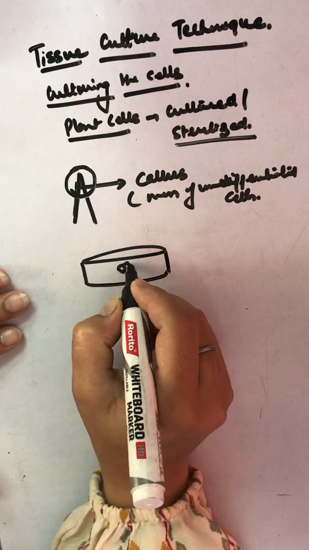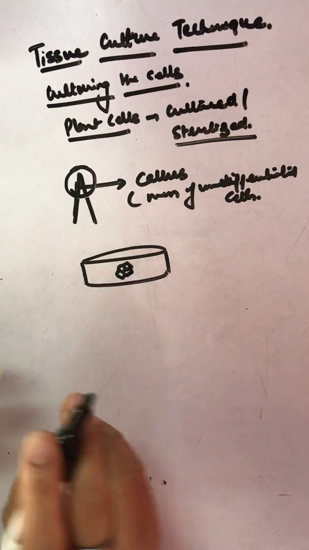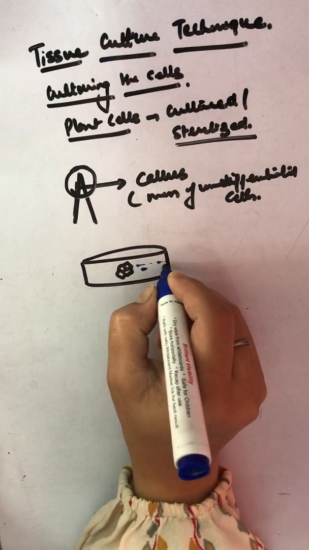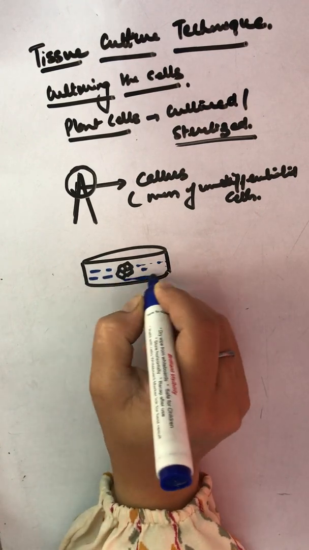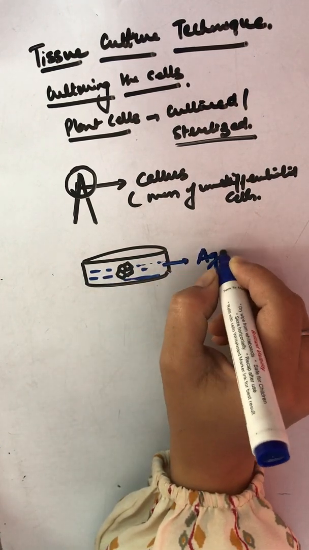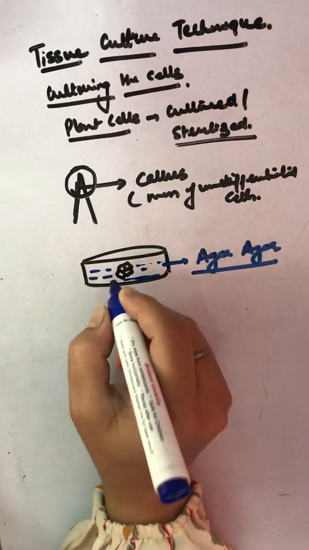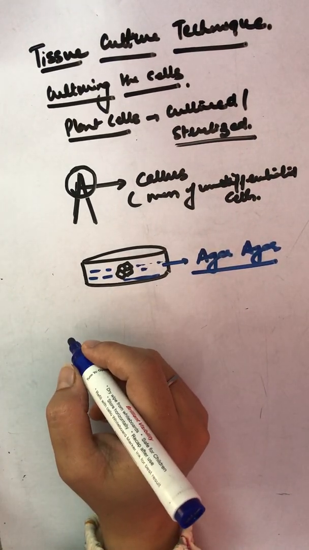So this is that mass which we have obtained and is transferred into a medium. This medium is always agar-agar, a gelatinous substance which will support the growth of this callus.